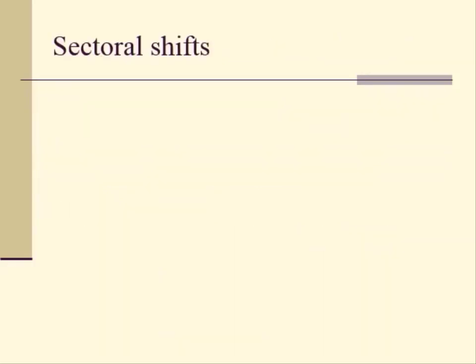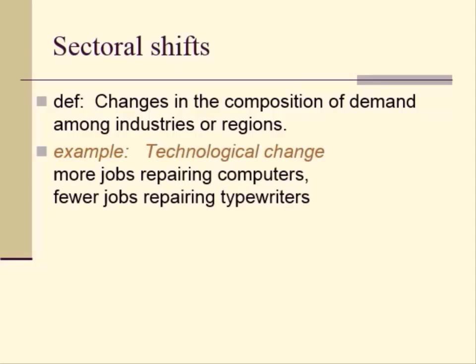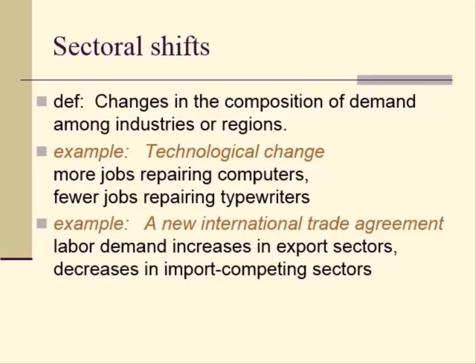Now let's look at an important reason for frictional unemployment. Economists define sectoral shifts as changes in the composition of demand among industries or regions. For example, technological change that creates more jobs repairing computers while causing fewer jobs repairing typewriters. Another example, a new international trade agreement may lead to labor demand increases in exporting sectors and decreases in import-competing sectors.